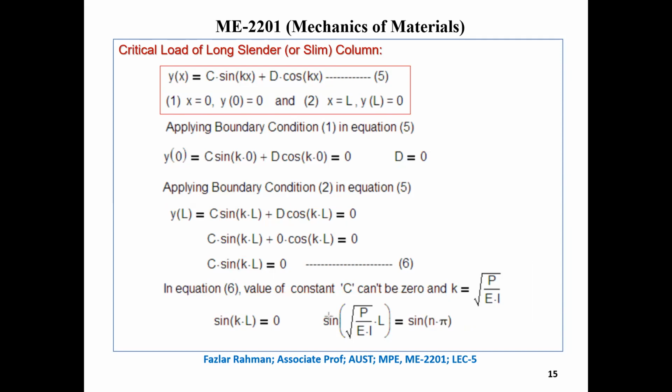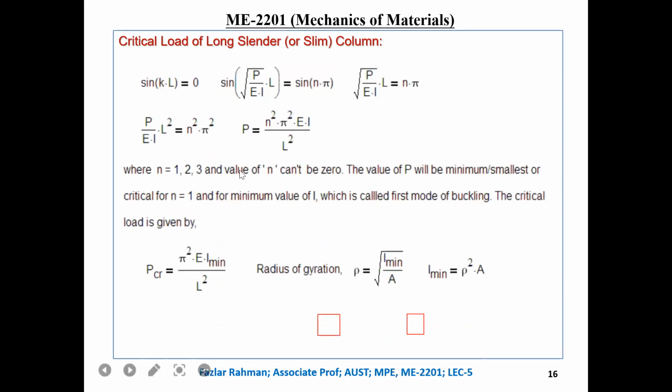Now, if we take out sine from both sides and then square root, we can figure out the value of P. So let's see. Right over here, we take out the sine, we got this one. We make the whole square. Then we got P equal to n square pi square EI by L square. This is our formula.